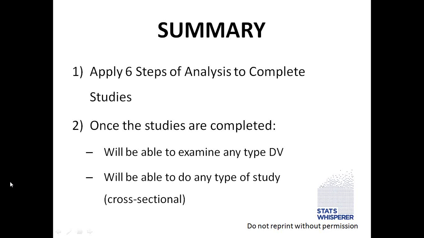If you had to do, say, a pre-post where they took scores at one point and then scores at another point, it would be the same structure, the same 6 steps of analysis, but instead of, say, ANOVA, you might use MANOVA, which looks at the multiple data points.